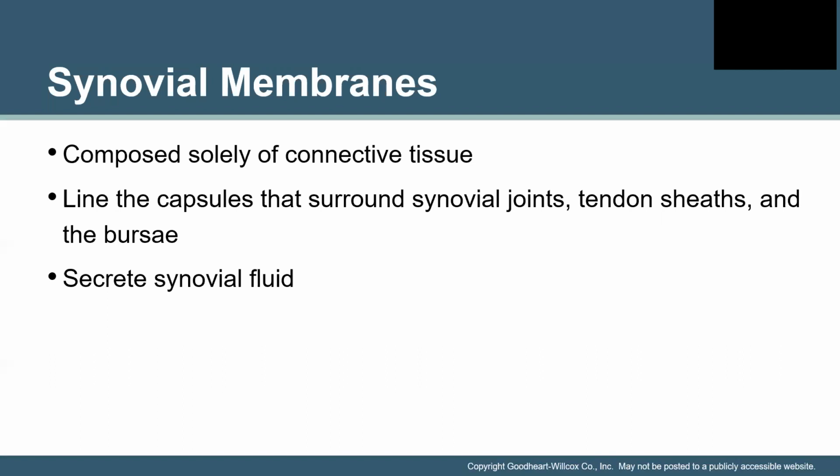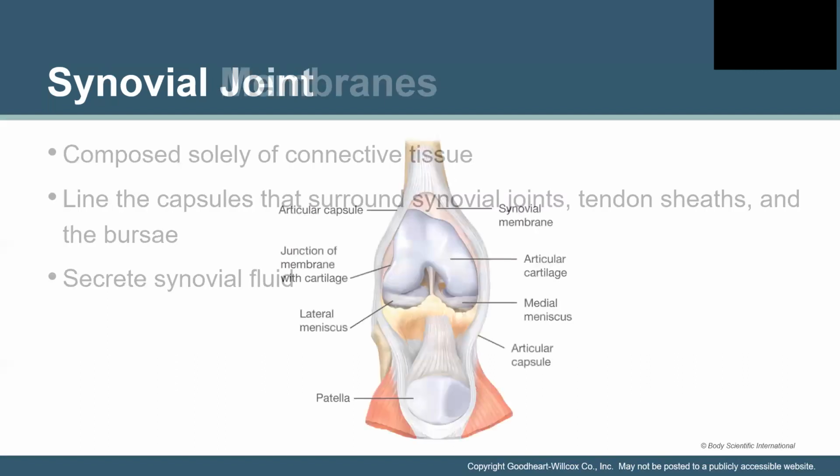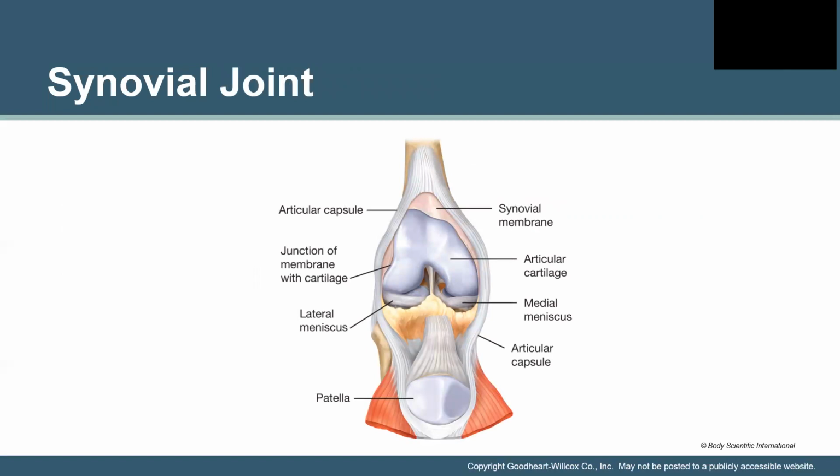And again, its function is going to be for cushioning protection, heat dissipation, nutrient exchange as well, and reduction of friction. So here's an example of a synovial joint in your body, one of them being the knee. We can see that this joint has been cut open and how this kind of works.